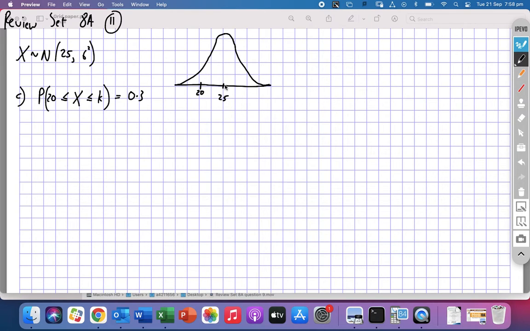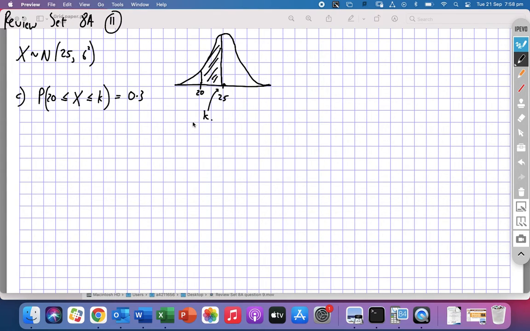I'm not sure if k is slightly above the 25 or slightly below. So it's a little bit hard to draw a picture for this one. I'm going to guess, I don't know actually, 30%, 34% would be down to 19. I'm going to guess it's slightly below. I could be wrong, but there's a k in here and it's pretty close to 25, I'd say.